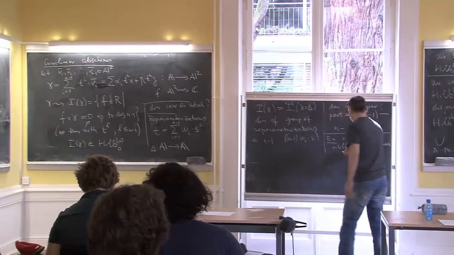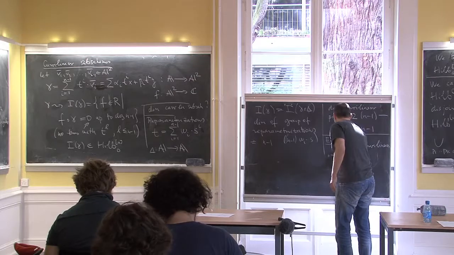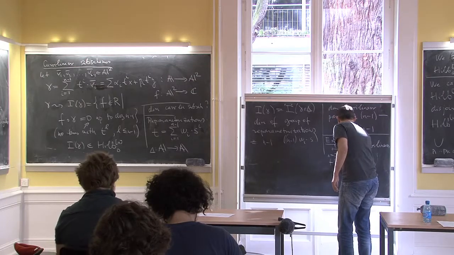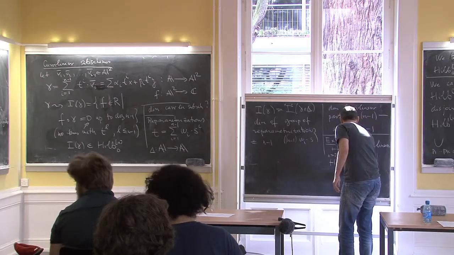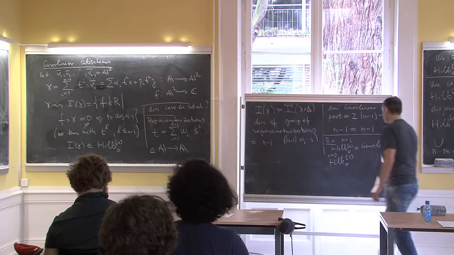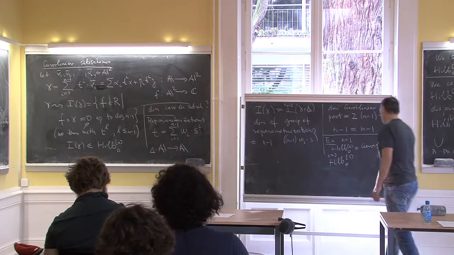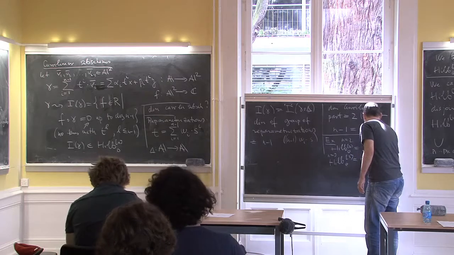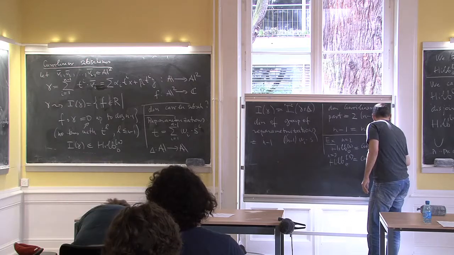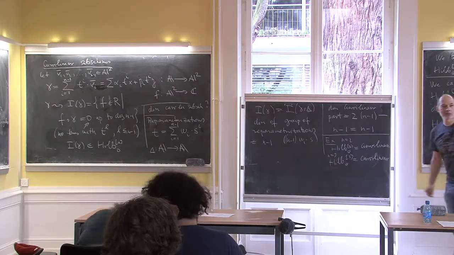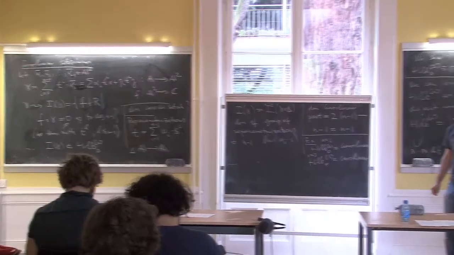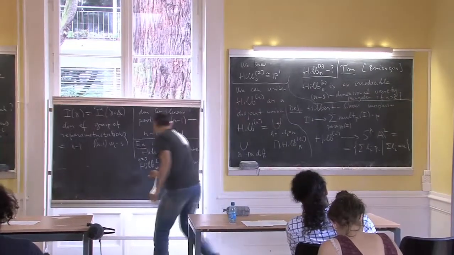And then for n equals 3, it's amusing. So this is equal to the curvilinear part, and then there is a single element that's not curvilinear, and that's this plus a single point.